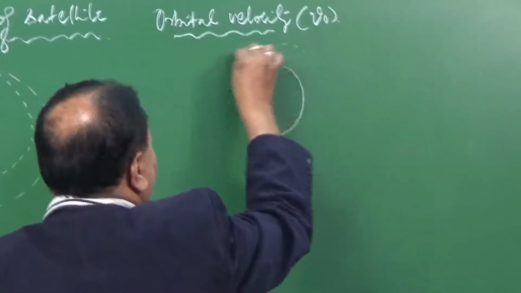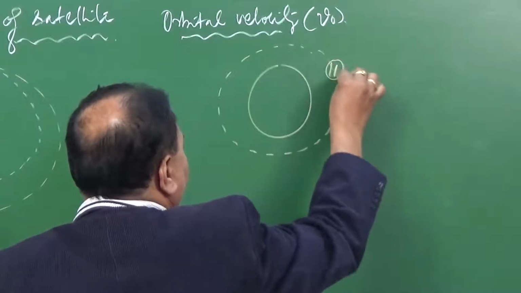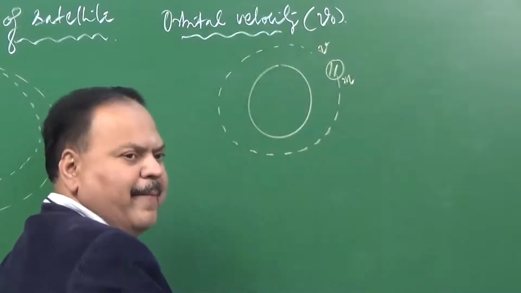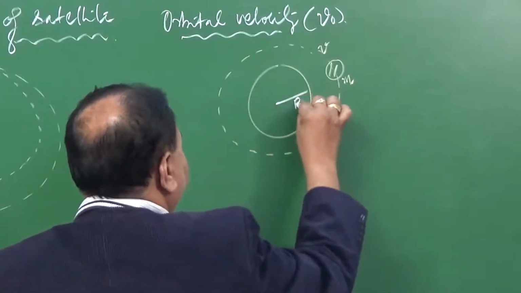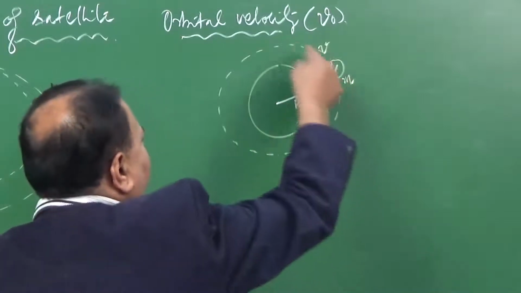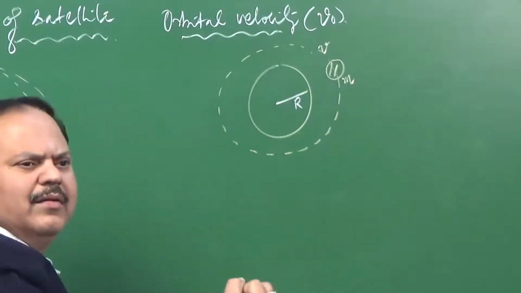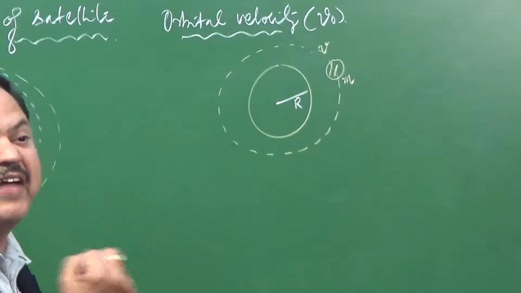Let us say this is a body of mass m revolving around the Earth with a velocity v, and r is the radius. For any body to revolve around the Earth, the centripetal force is required. Who will provide the centripetal force? You know that Earth has a lot of gravity.